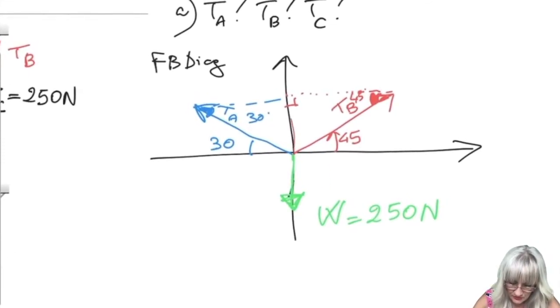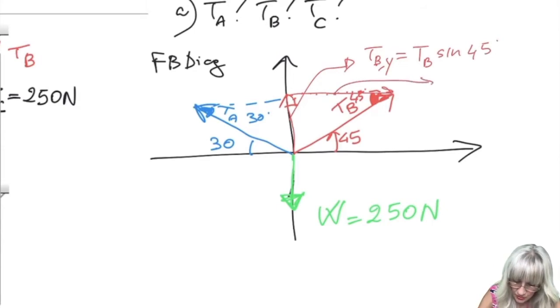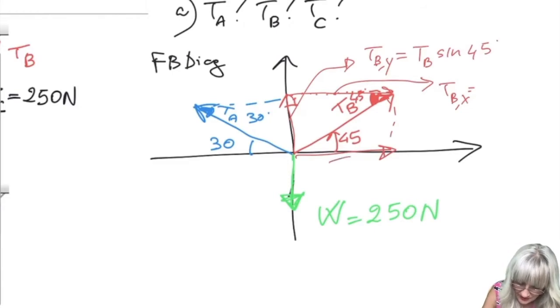In red, right here, this one will be component T of B on the vertical axis, which wants the hypotenuse, sine of 45 degree, opposite angle. This one will be my x component, TBX, which is also this one, put it very elegantly, right?